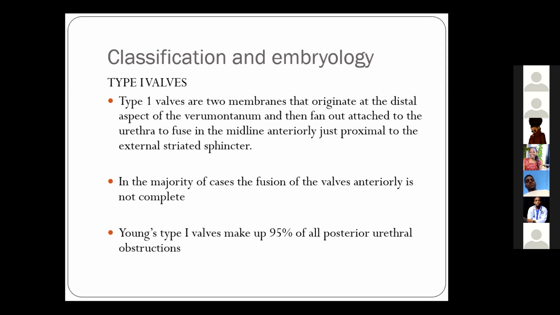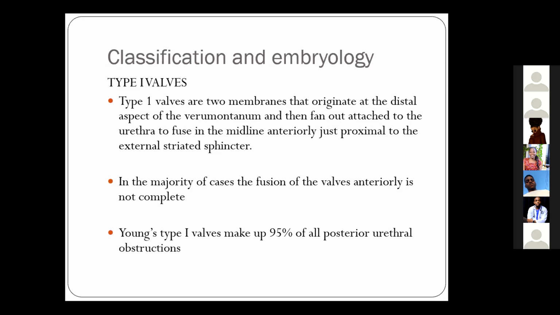It's important for you to have this anatomy. So before you start the prostatic urethra, there's something on which the ejaculatory duct drains, and distal to it, you usually find the sphincter.